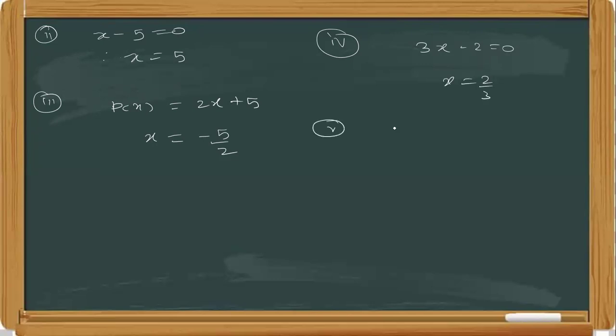Fifth, 3x equals 0 gives x equals 0. Sixth, a equals 0 is the answer. Seventh, x equals minus d upon c was the answer.